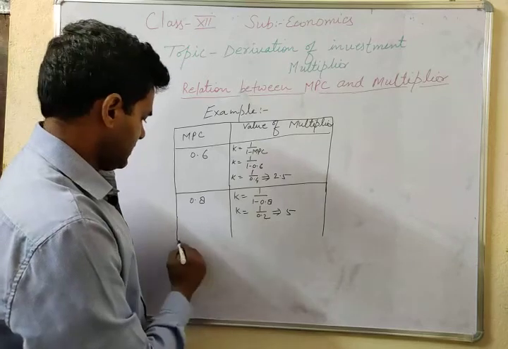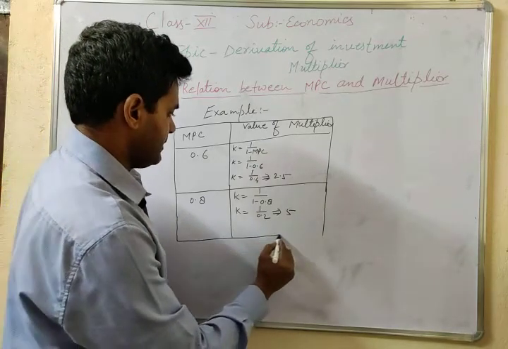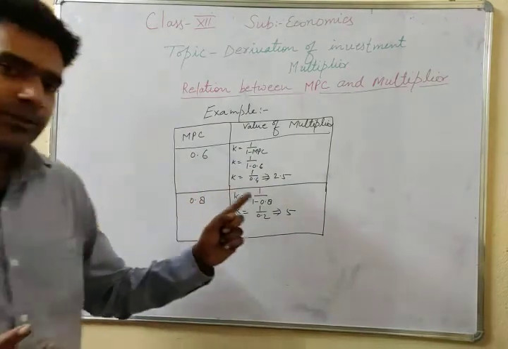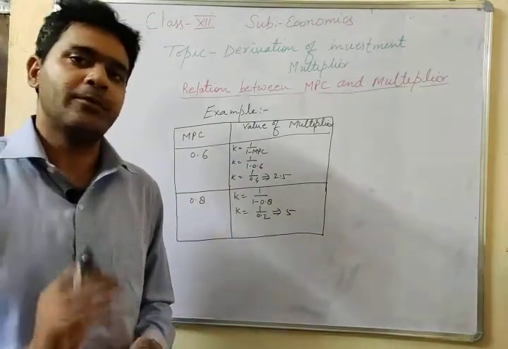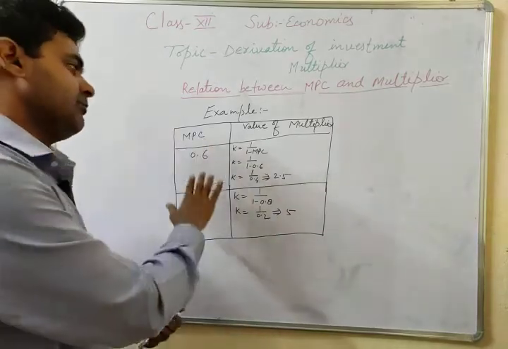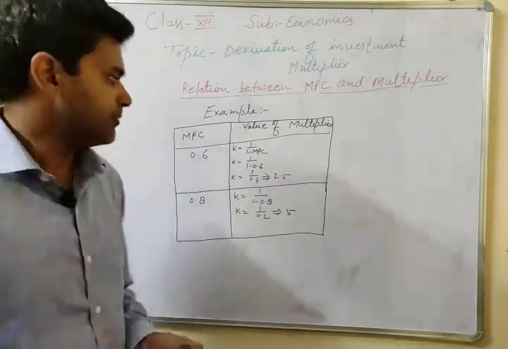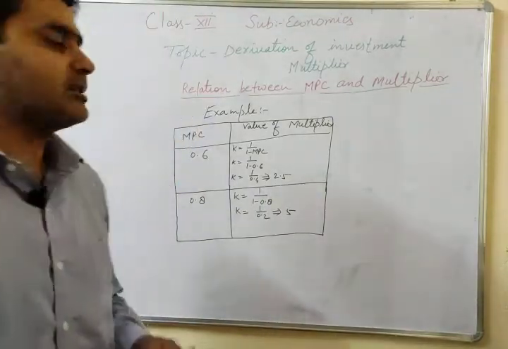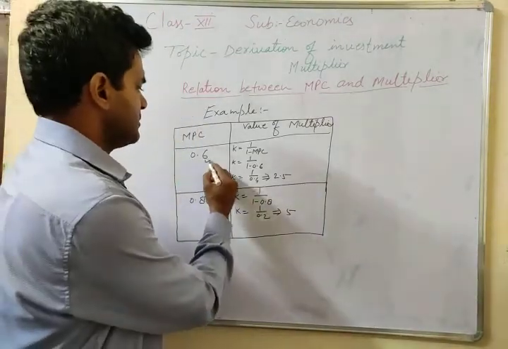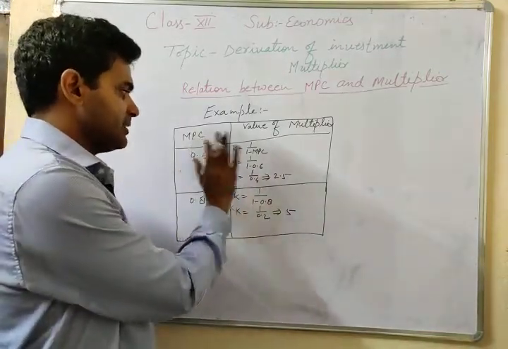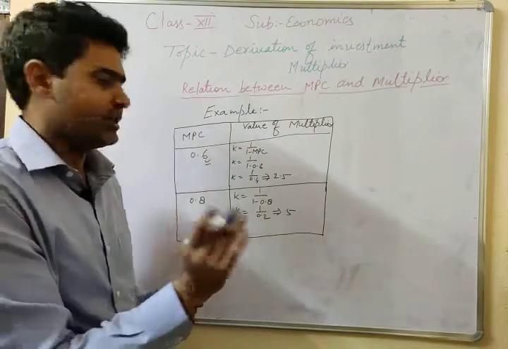Now you can see the relation between MPC and investment multiplier. There is a direct or positive relation between the value of investment multiplier and the value of marginal propensity to consume. Here you see that when marginal propensity to consume was 0.6, it means 60% of the additional income is spent on consumption.